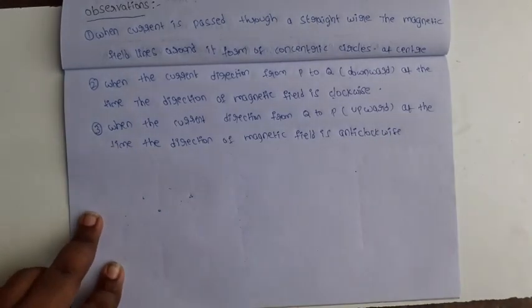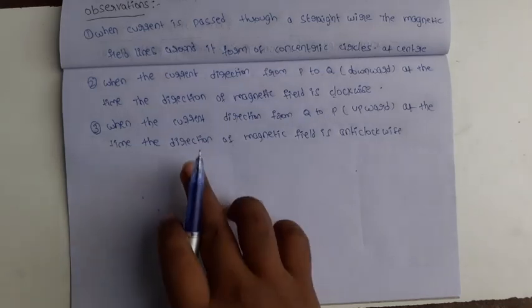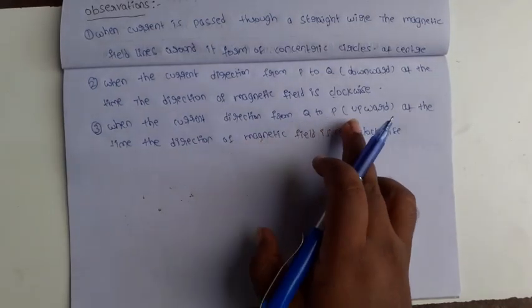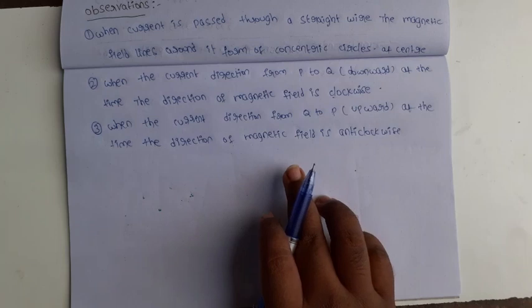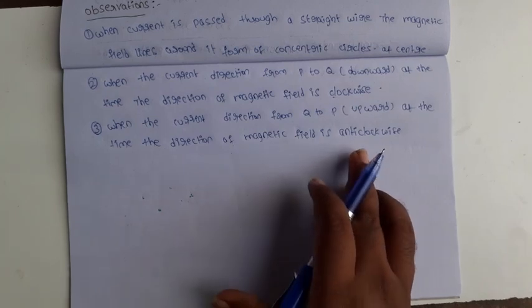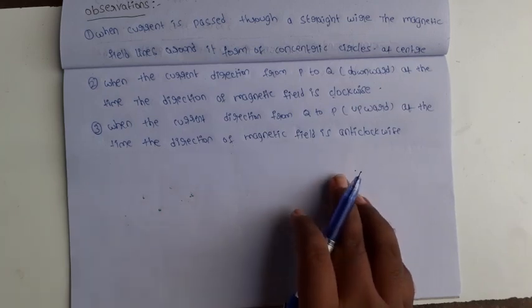Okay, anti-clockwise. When current flows from Q to P in the upward direction, what about the magnetic field direction? The magnetic field direction is anti-clockwise.